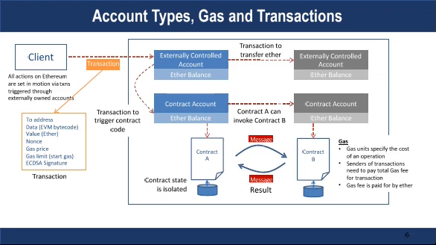So I can transfer some Ether from one account to another. I can also invoke a particular smart contract which is specified at a particular address, and that smart contract will of course run a particular function which is defined in the smart contract, and that function can update the state information on the blockchain.